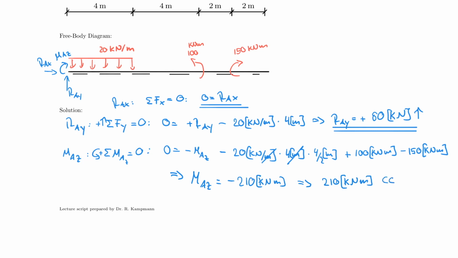So counterclockwise or this way around. And that is my true answer here. So this needs to be double underlined and also needs an answer arrow, as do all the other ones for this example. So let's finish that.